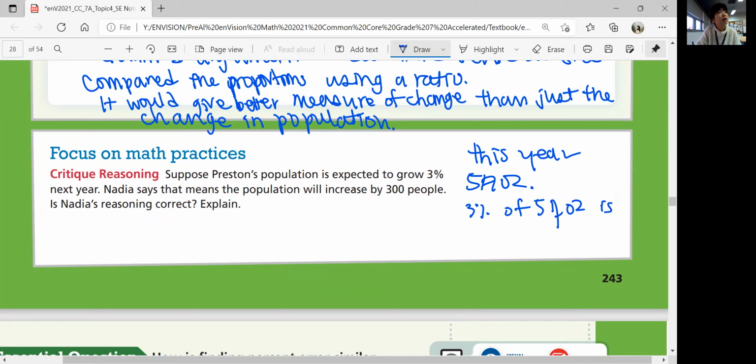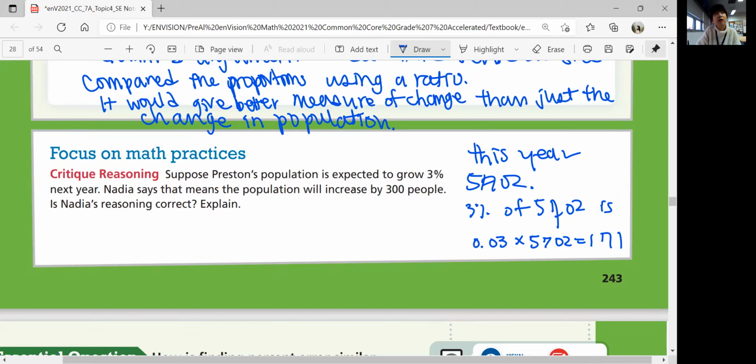So 3% of 5,702 is 0.03 times 5,702. Which is how many? 171 people.